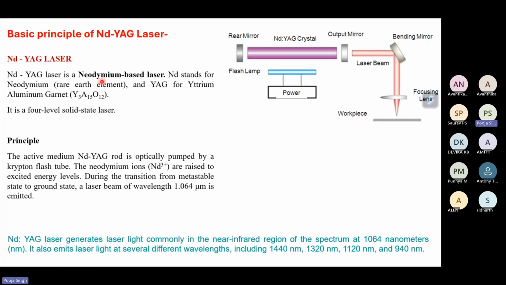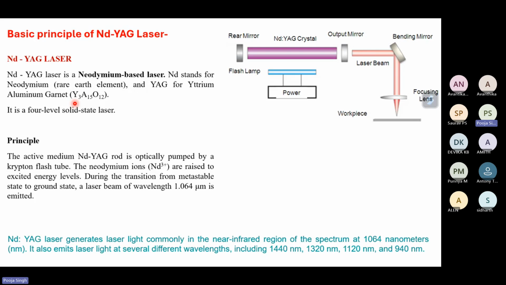So now we will move on to the first laser mentioned in your syllabus, the basic principle of the neodymium YAG laser. Neodymium YAG laser is basically made up of neodymium, which is a rare earth element, and YAG is basically yttrium, aluminium, garnet.